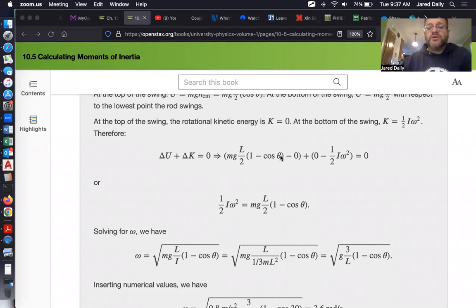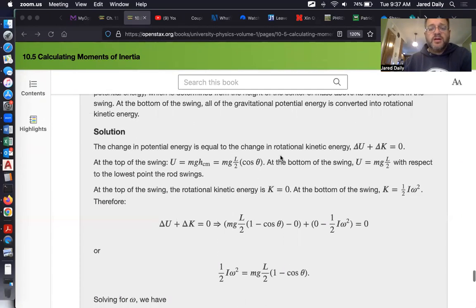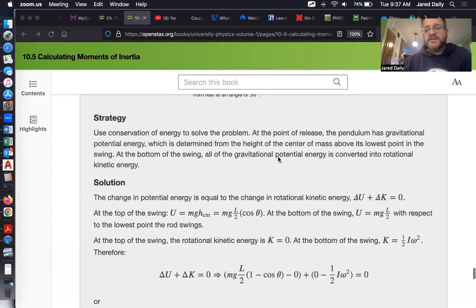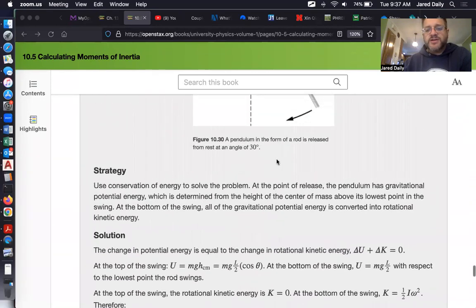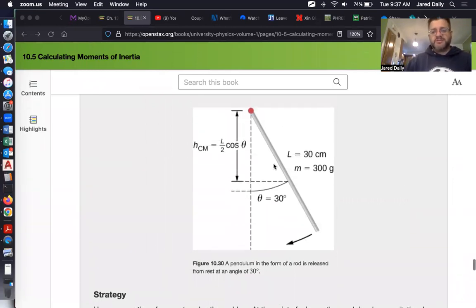This is probably a little confusing, so let me explain it a little better. I didn't explain that very well. Let's go back and take a look at what they're doing here. In this case, they've swung the rod out to its high point where they're going to release it, right?